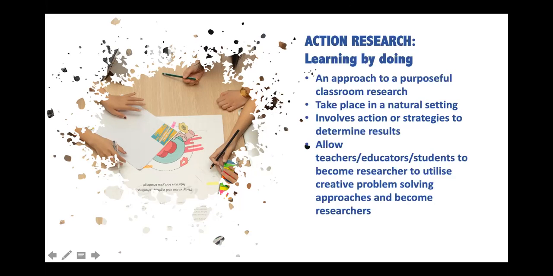Okay, so it takes place in a natural setting. And it also involves action or strategies to determine result. For example, you see that in your class, every semester, you are really worried when you see that most of your students get C's.